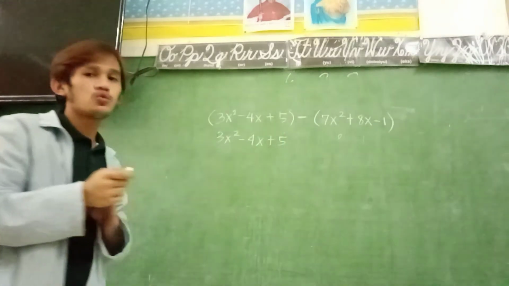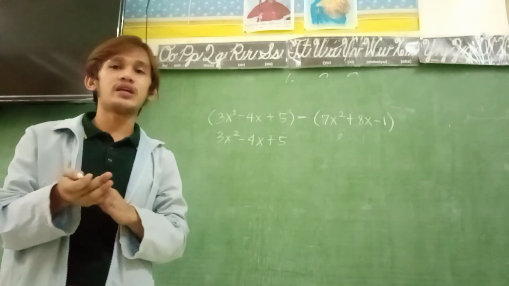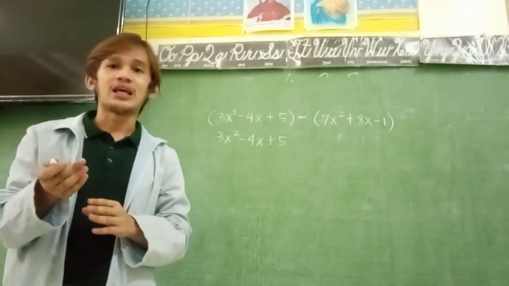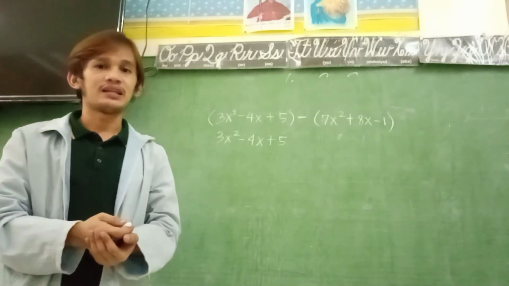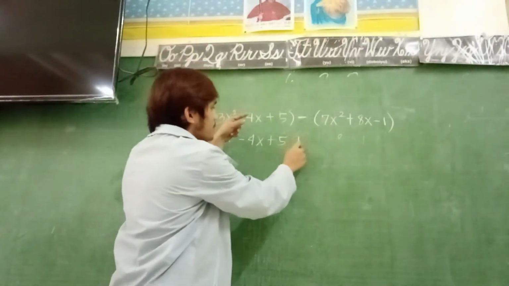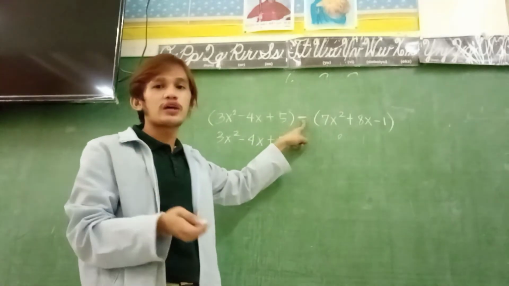Di ba, when it comes to subtraction, we are always changing the sign of the subtrahend. So, lahat ng terms ng subtrahend, babaguhin natin yung sign. Ano po? Because, di ba, this will become plus. So, we change subtraction to addition.